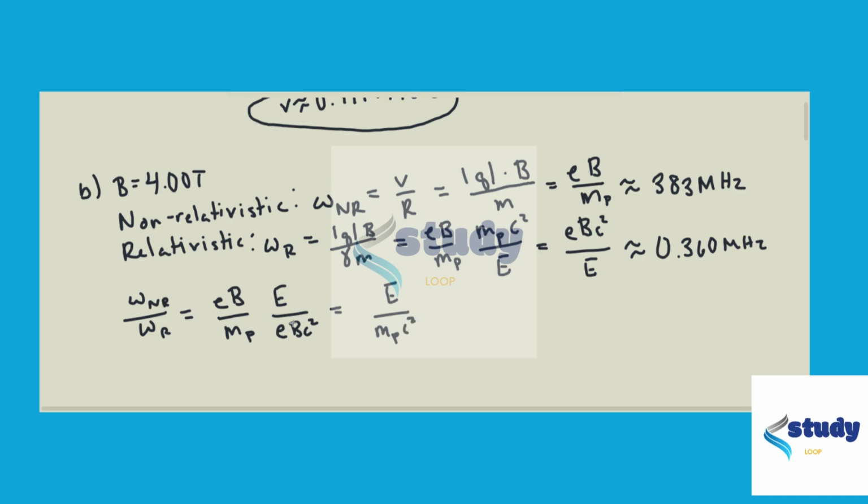So the difference between the two is going to be this factor. And if you just use the two values we have up here, you get that the non-relativistic frequency is about 1070 times bigger than the relativistic frequency. So this is why it's important to use the correct relativistic forms for relativistic particles.